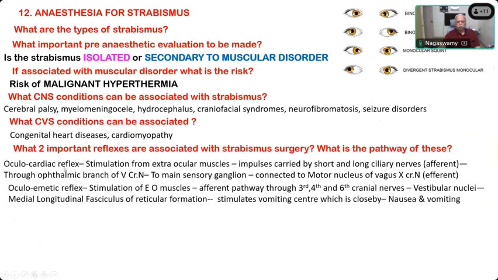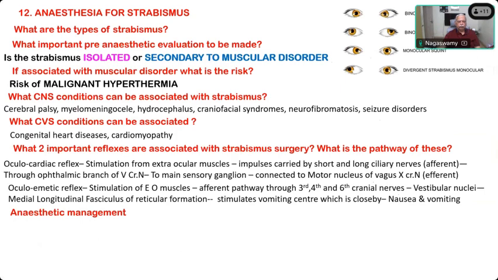So for the oculocardiac reflex, it is the trigeminal and vagus. For oculoemetic, it is the 3, 4, 6 cranial nerves and vomiting center stimulation. There is no nerve in the efferent pathway, it is direct stimulation of the vomiting center. This is how you have to remember.